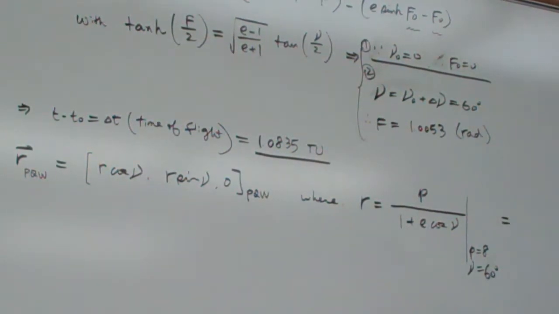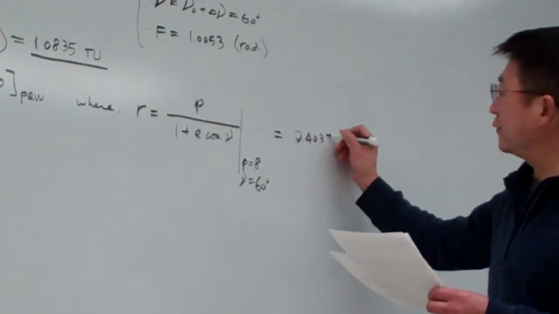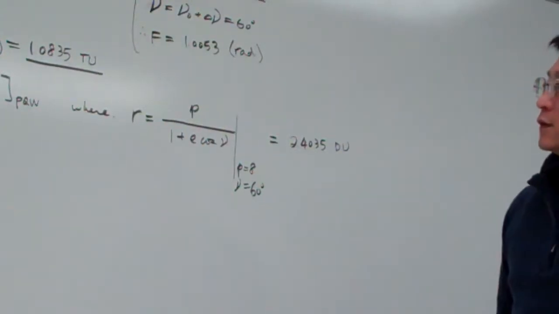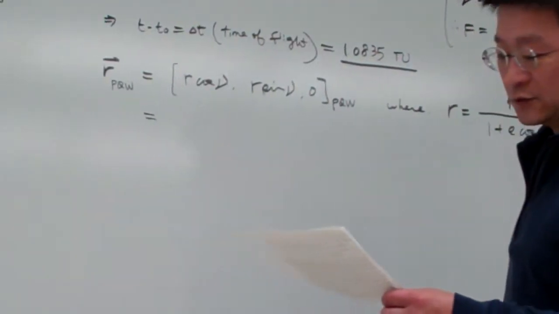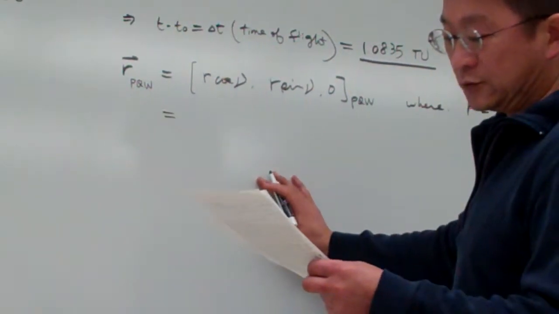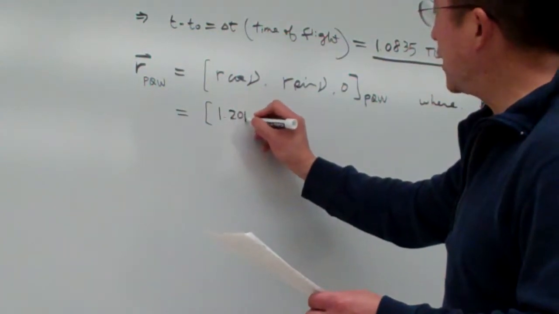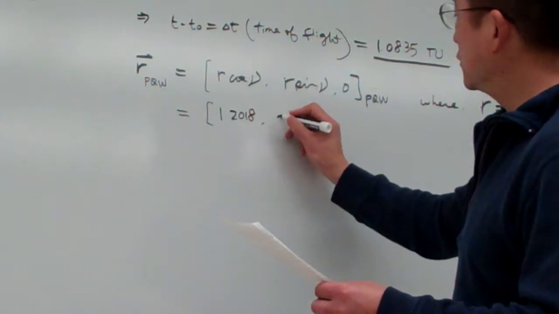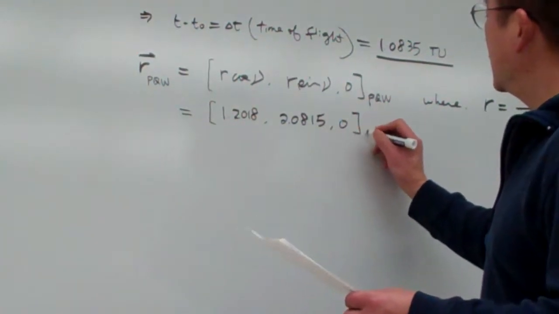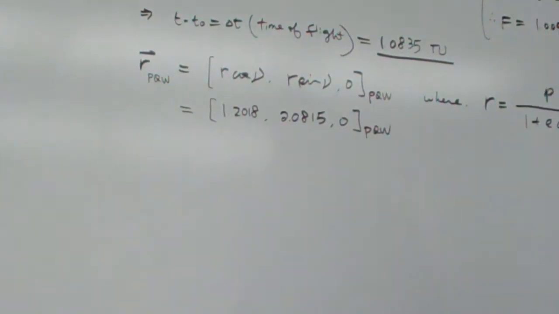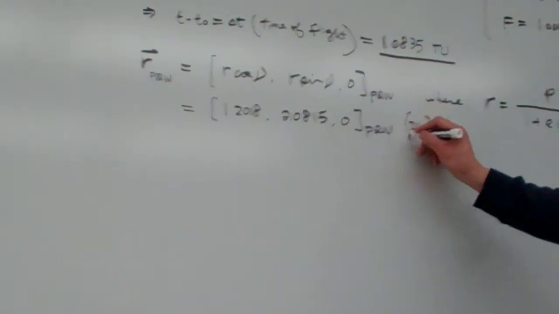So we can calculate R equal to 2.4035 DU. So from here we can determine R in PQW, which will be equal to 1.2018, 2.050. Again, this is in PQW, in the unit DU.